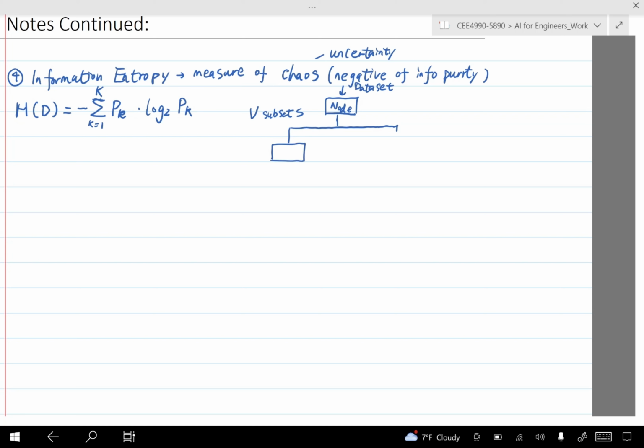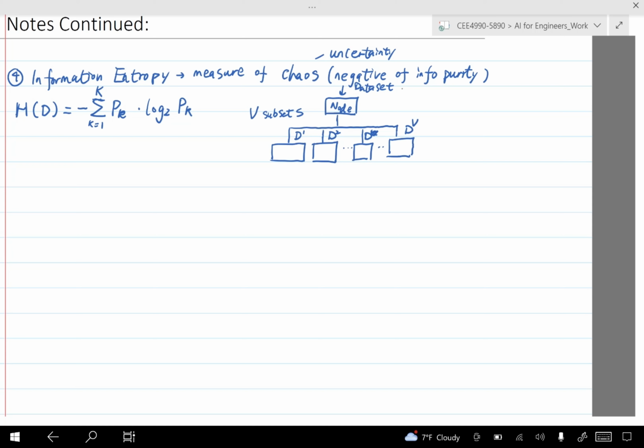For the first node, the data subset associated with it is D superscript 1. The second node is associated with subset D superscript 2. And this will keep going. In between, we have a general one, D superscript k. And of course, the last node should be D superscript V, capital letter V.